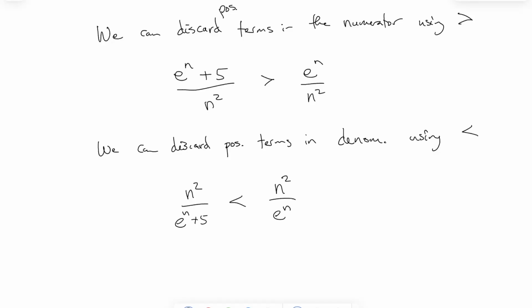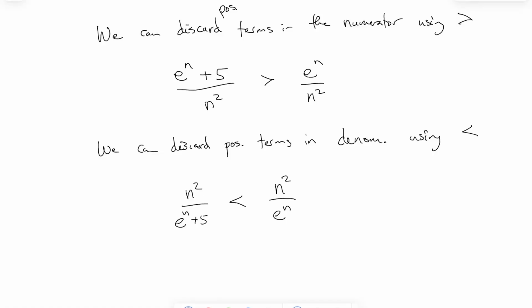So if you're throwing things away in the denominator, it gets bigger. If you're throwing things away in the numerator, it gets smaller. This can be tricky to keep straight, but it's just because a smaller numerator makes the whole fraction smaller, and a bigger denominator makes the whole fraction smaller.